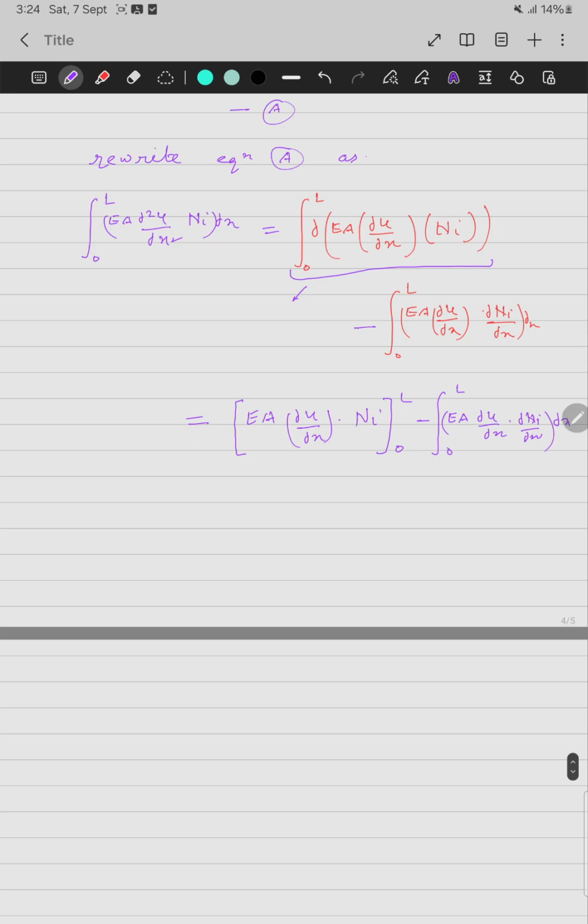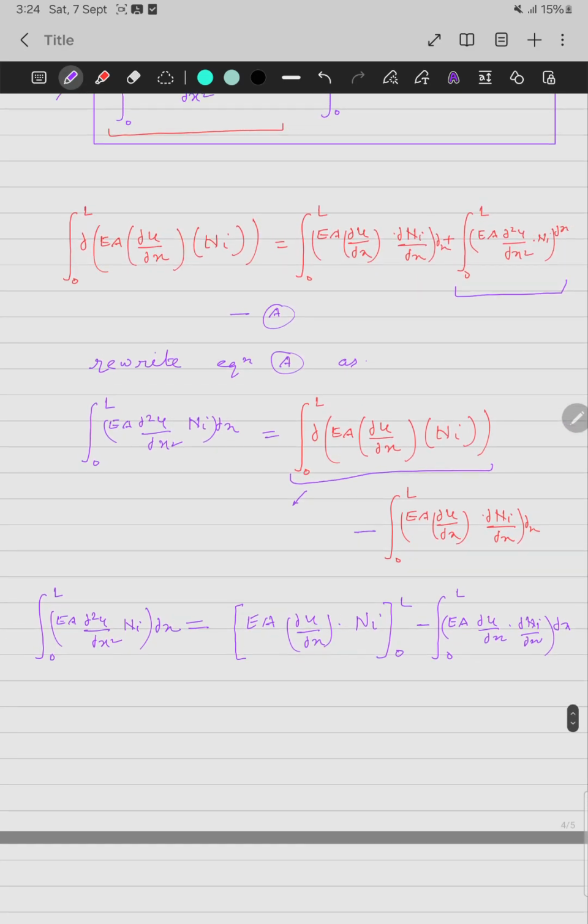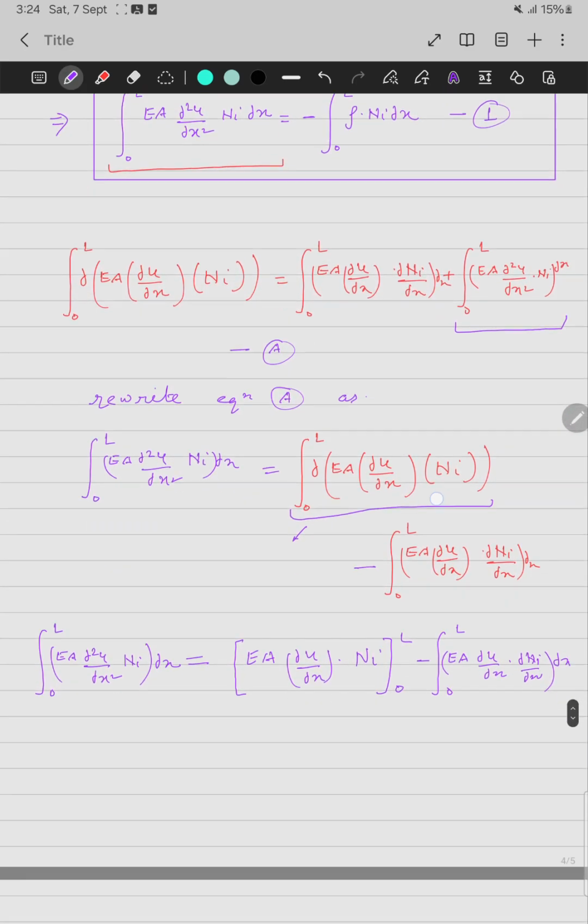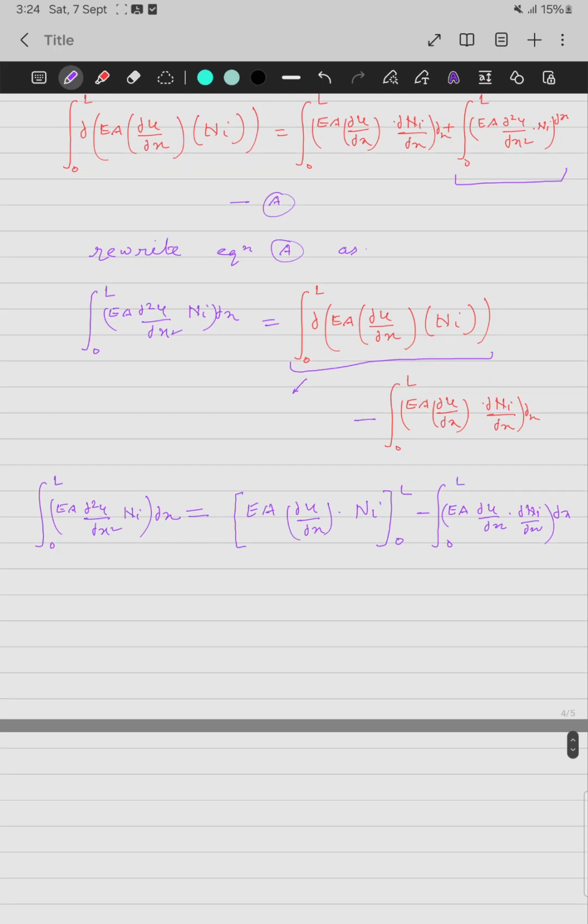So this much term we will get for our left hand side. On the left hand side I can also write 0 to L EA del 2U by del X to Ni times dx. If you see from equation 1, this is the left hand side, and we can write this whole term as this.